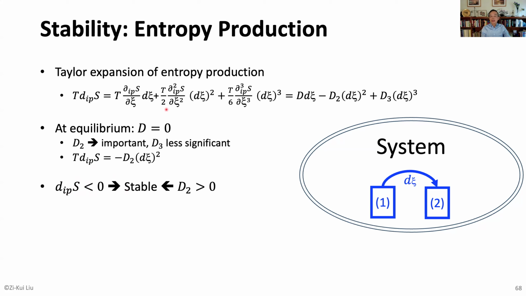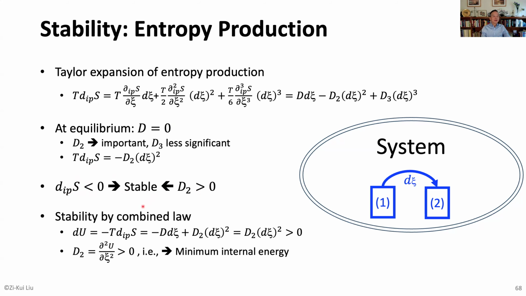d2 is equal to the negative derivative of the entropy production. So we can write this stability in terms of the combined law. Remember, dU equals minus T dips. So it's minus d dxi plus d2 dxi squared. So it becomes d2 dxi squared. So d2 is positive. That means the system is stable when d is equal to 0.